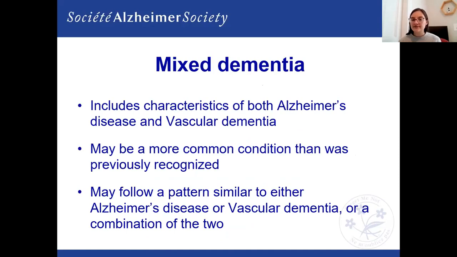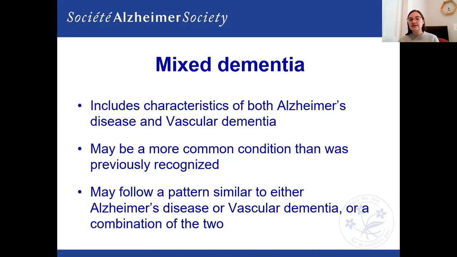So here we're back at this mixed dementia. Typically when we talk about it, we're talking about Alzheimer's disease mixed with vascular dementia. This is becoming more common. Researchers are just starting to come to the conclusion that more people may have this mixed form.